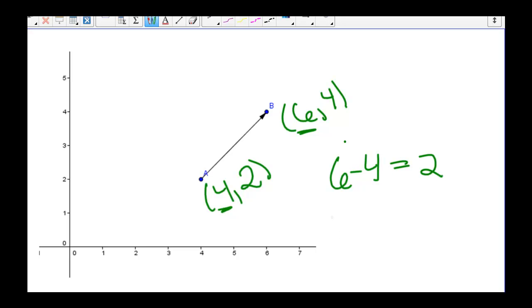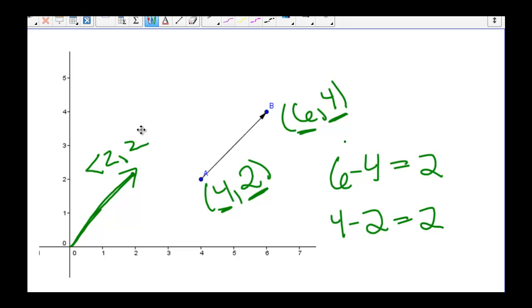And we need to subtract 2 from 4. So y1 minus y2 to get the vector 2, 2. So now this is our vector in standard position, and now we can call this vector 2, 2.